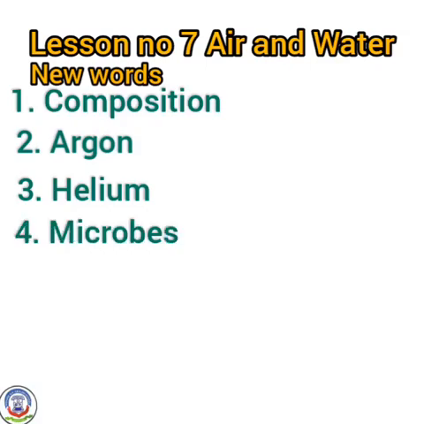Number 4, microbes. M-I-C-R-O-B-E-S. Microbes. Microbes means bacteria, यानी कीटाणु. Number 5, sneeze. S-N-E-E-Z-E. Sneeze means a symptom consisting of the involuntary expulsion of air from the nose, यानी छींक.